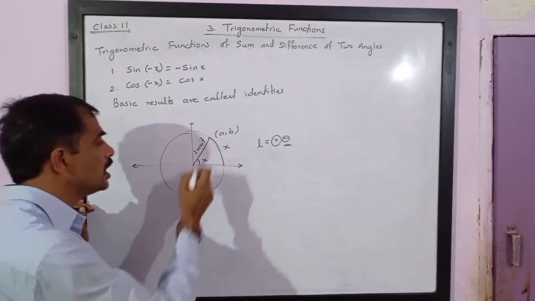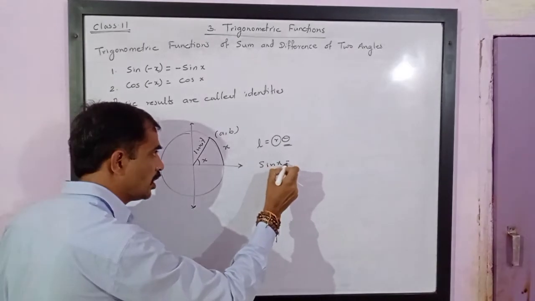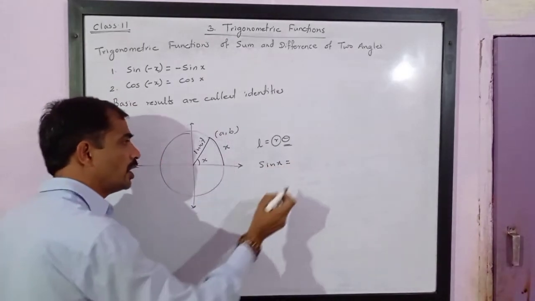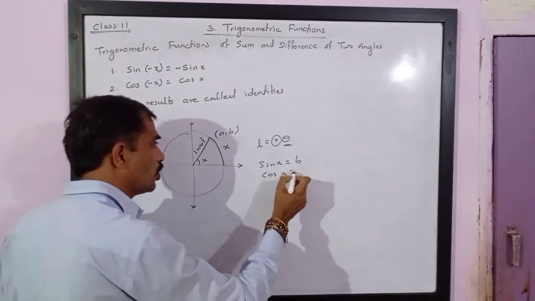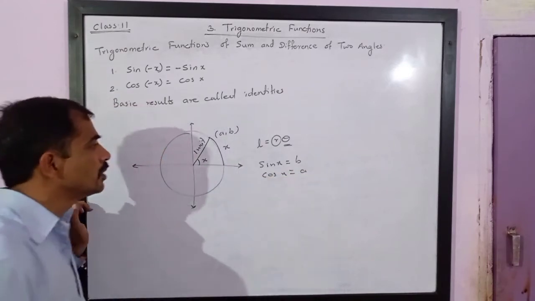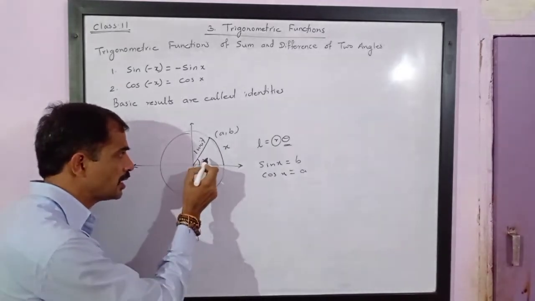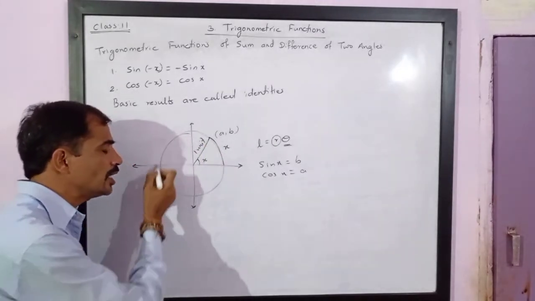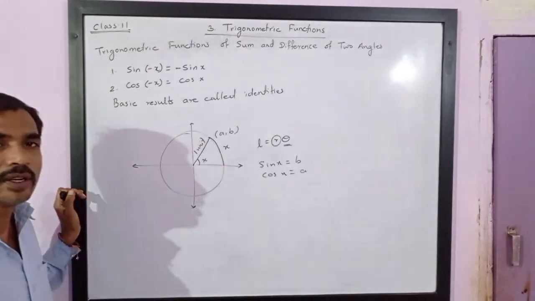Now if you measure the sine value of this, sine x is equal to the y coordinate, that is b, and cos x is equal to the x coordinate, that is a. Now if you take the angle negative x, please note, an angle is positive when it is measured in anti-clockwise direction, and negative when it is measured in clockwise direction.